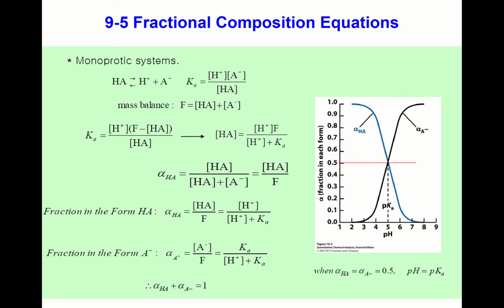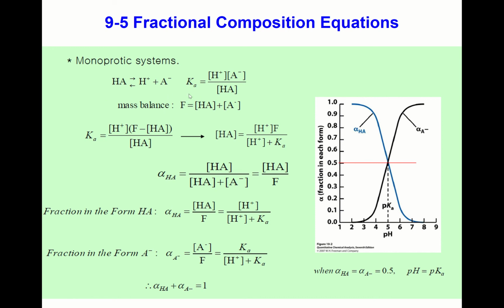Now we define the fractional composition. Fraction is what? Total amount. We set the total at one. Then we calculate how much each species contributes. For example, let's take a weak acid.